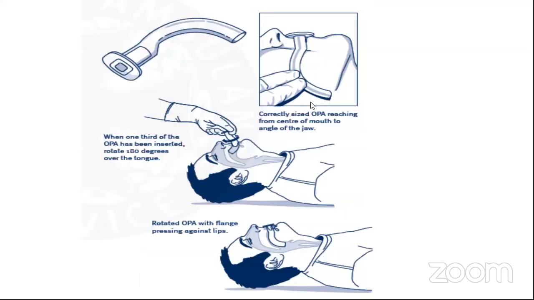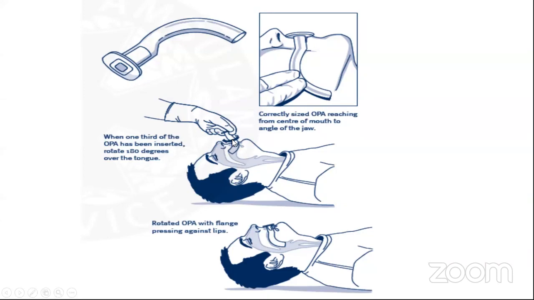Regarding the insertion, keep in mind that when you are inserting an oropharyngeal airway, the direction of insertion is opposite of the anatomy of the airway. That is to say, the oropharyngeal airway is C-shaped and it's taking the normal curvature of the airway.